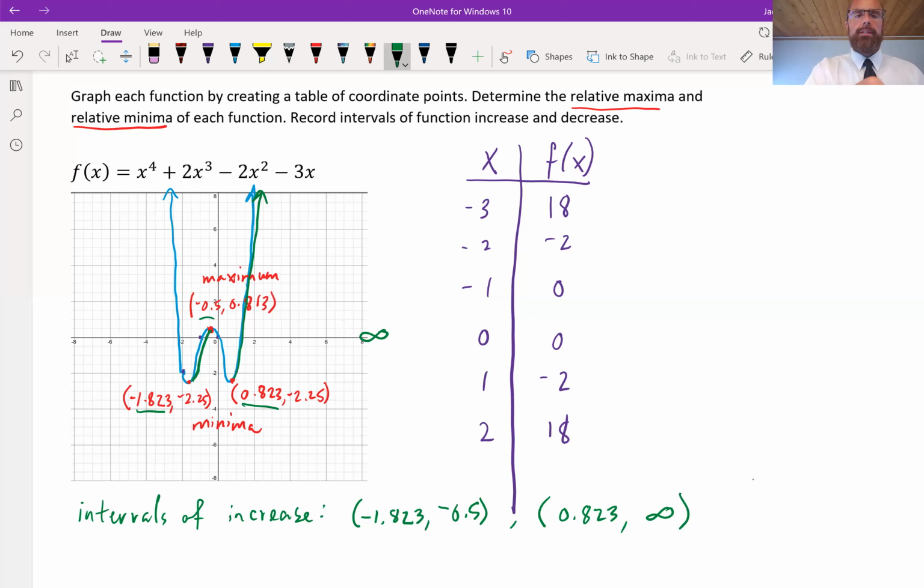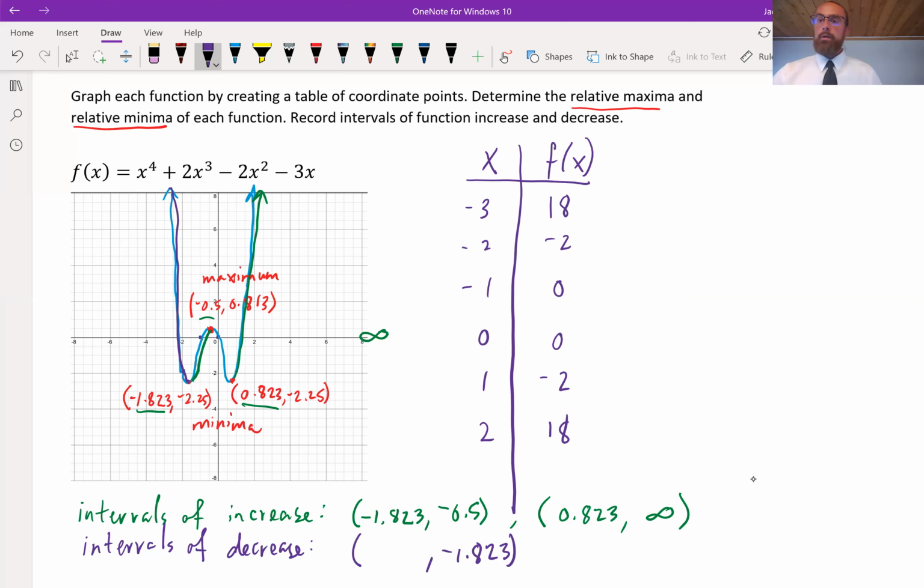Let's complete this by recording our intervals of decrease. So that includes that left-hand arm, which starts in the sky and goes down to negative 1.823.